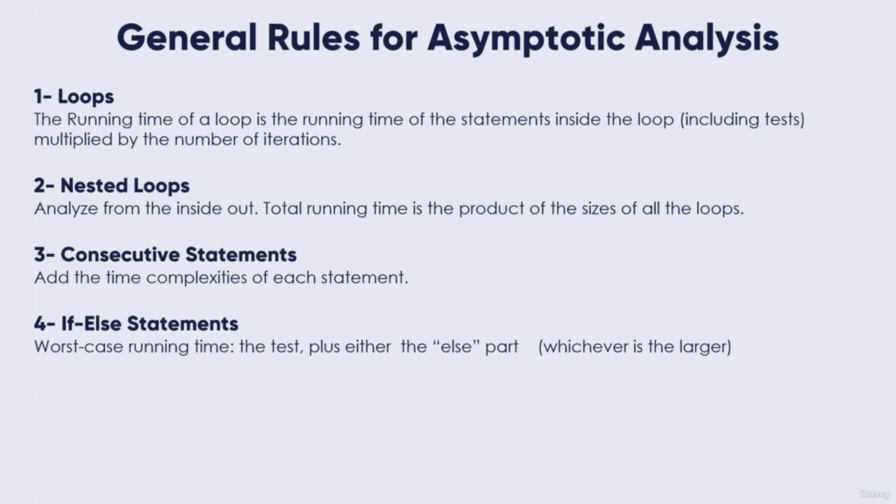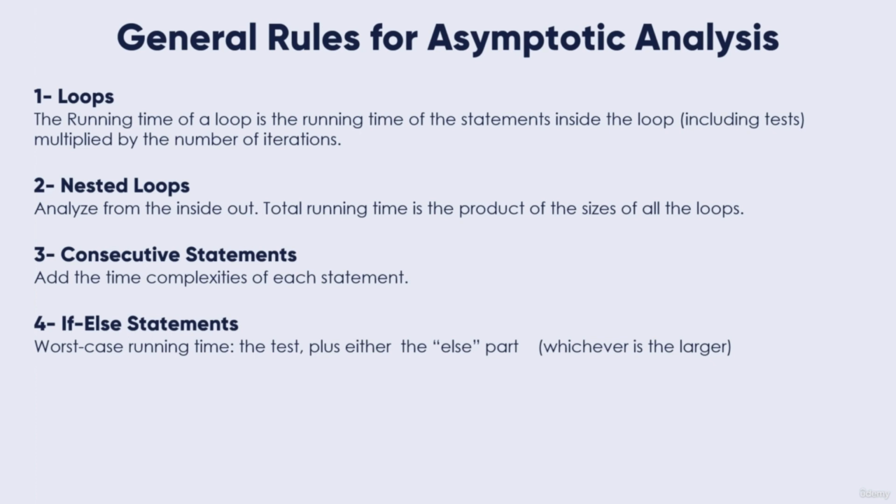Okay. The fourth one is the if-else statement. So the worst case scenario or running time is the test plus either the if part or the else part, whichever is the larger. This is a very important note that was not included in the previous videos. If you have an if-else statement, we see the complexity of the if and the complexity of the else. Whichever is the worst case, we take it.